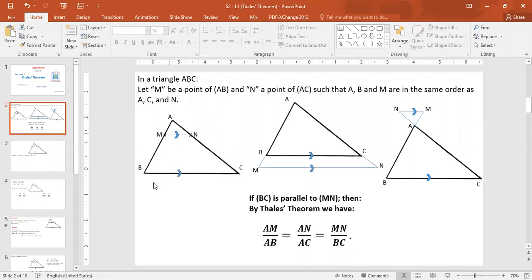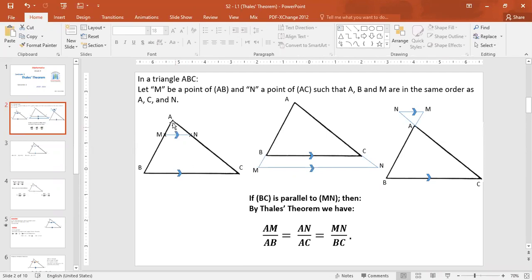So because MN is parallel to BC, the opposite vertex is A. That's why, since A is the opposite vertex, who can apply Thales theorem in this triangle? Jad, can you apply Thales theorem in this triangle, please? Jad, are you still with us? Yes. Okay, please, Jad, apply Thales theorem in this triangle.